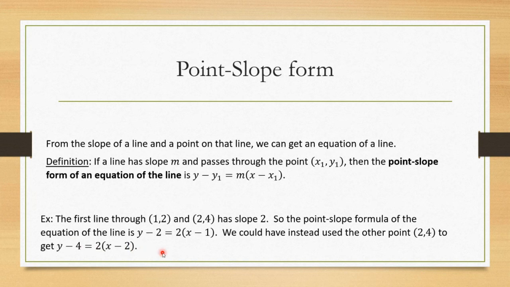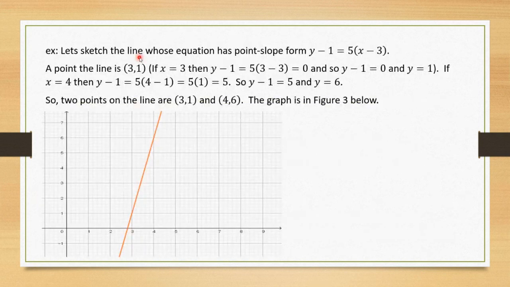So why don't we consider an example? Let's say we wanted to sketch the line whose equation is this. Now we know this is a line. Looking at the equation, we can immediately see a point on that line, as I wrote here: 3, 1.